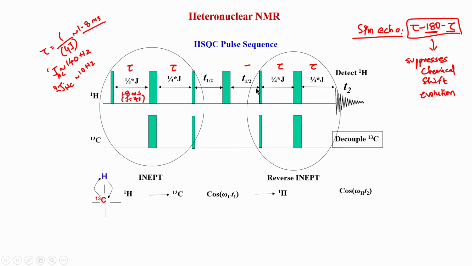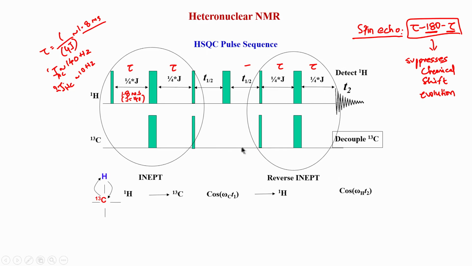It should not be displaced to this side or that side, otherwise the decoupling will not be complete. So, this is the second important part in this pulse program, the evolution of carbon chemical shift during T1. Then after this period is over, you apply another 90 degree pulse.